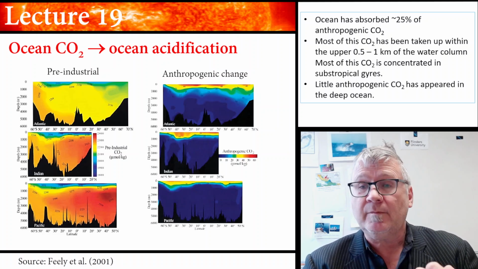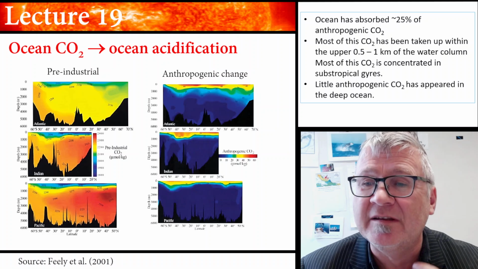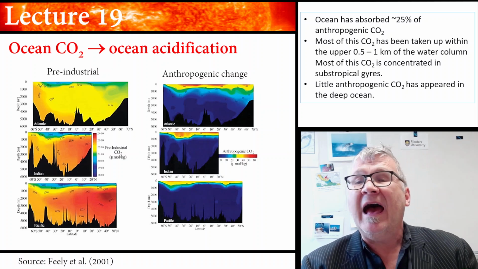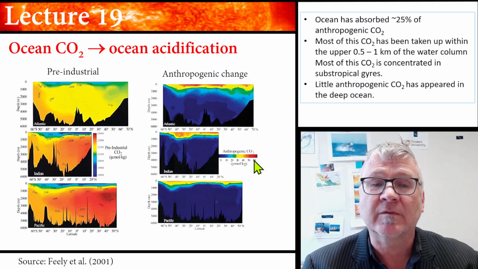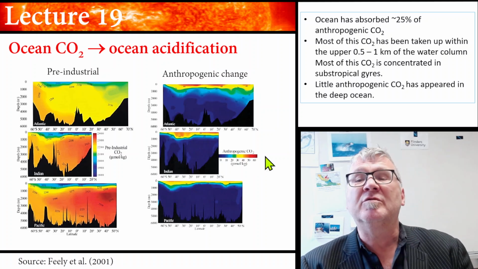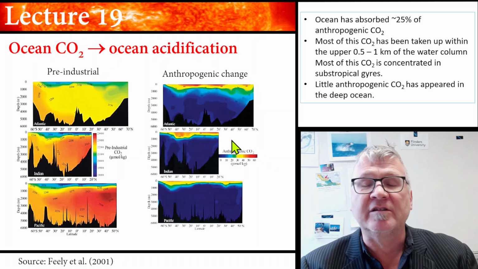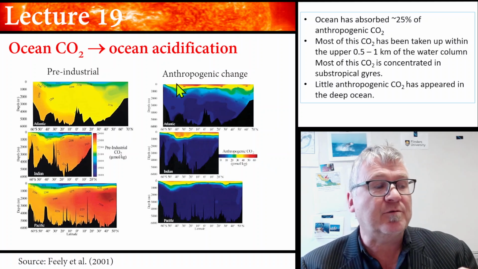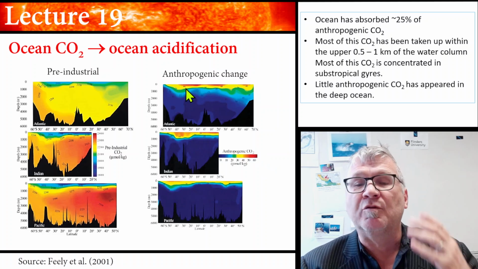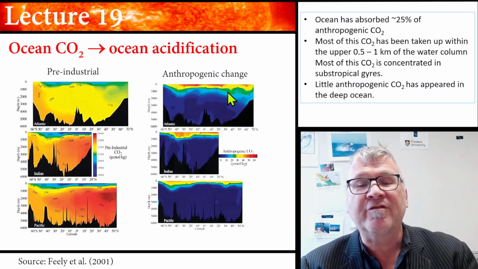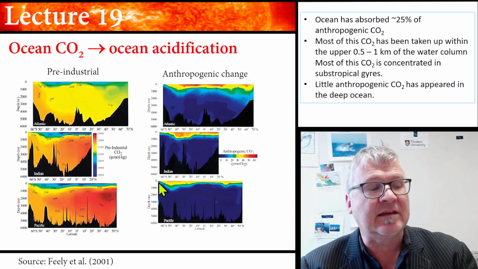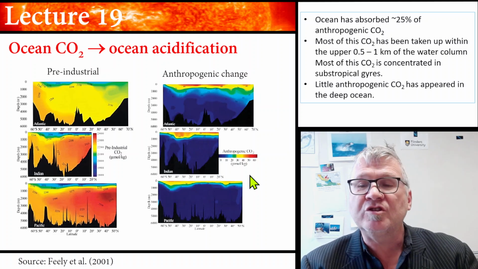Most of the CO2 has been taken up within the upper half to 1 kilometer of the water column. And most of the CO2 is concentrated in subtropical gyres. Subtropical gyres, if you cut through the oceans, are these areas here. It looks like a bowl shape on both sides of the equator. You can see that here in the Pacific Ocean as well.